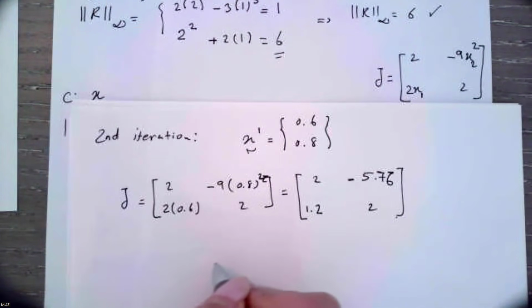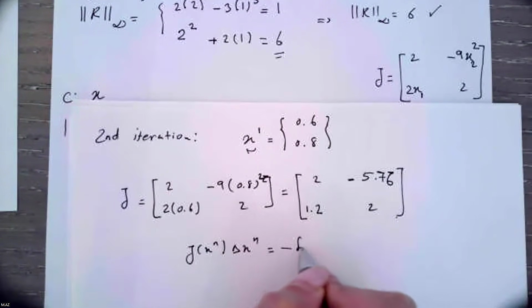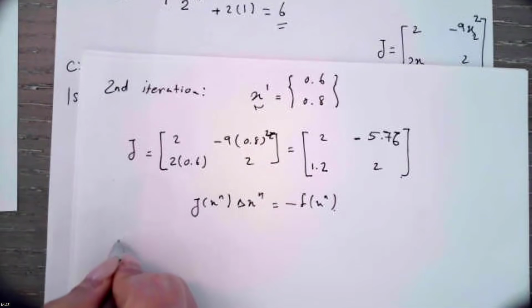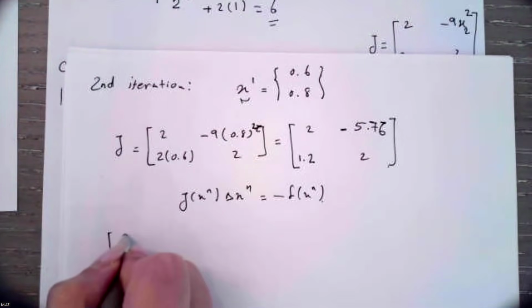Okay, this is about the Jacobian matrix. Now we have the Jacobian matrix, the updated value of the Jacobian matrix for the second iteration.